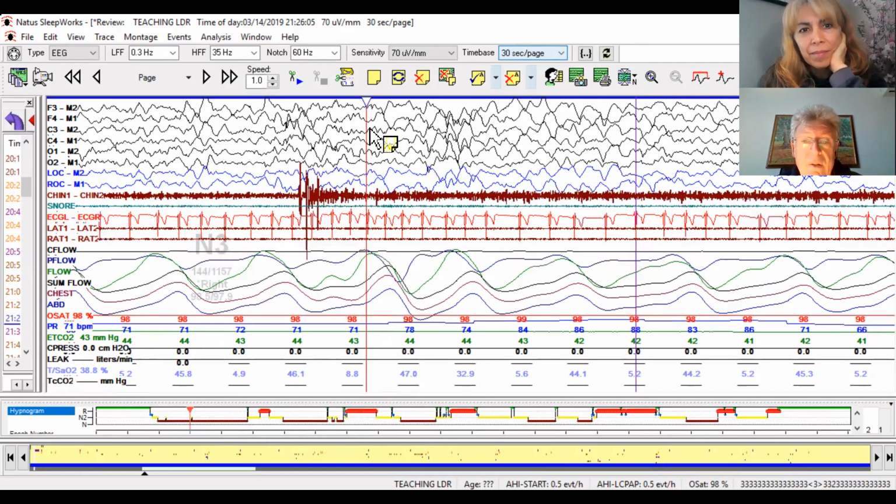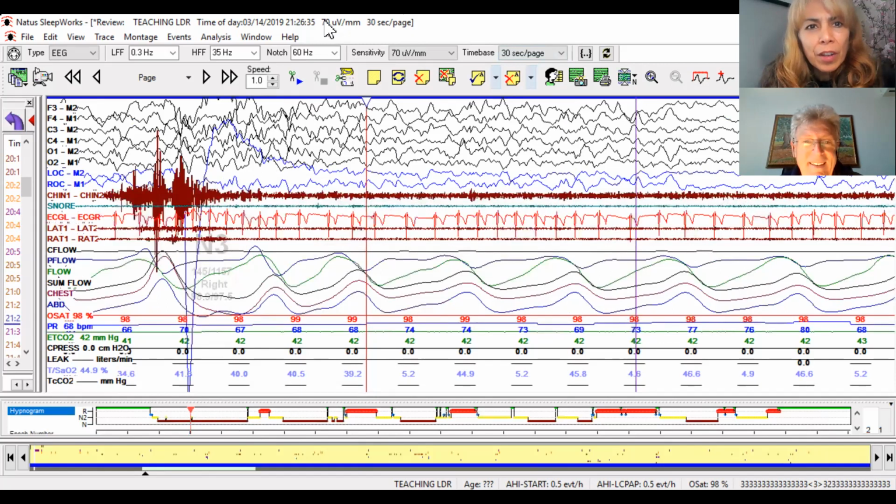It's a single channel. There is no movement artifact on the EEG. These are just slow waves that are normal during this slow wave sleep. And this does not qualify to be considered an LMM. So we just go on.